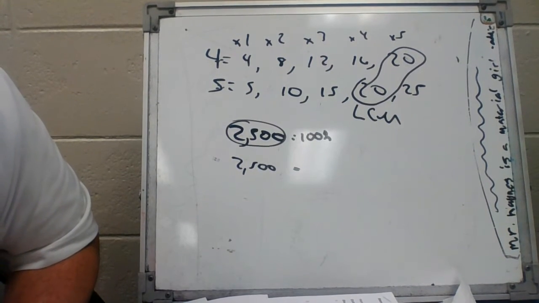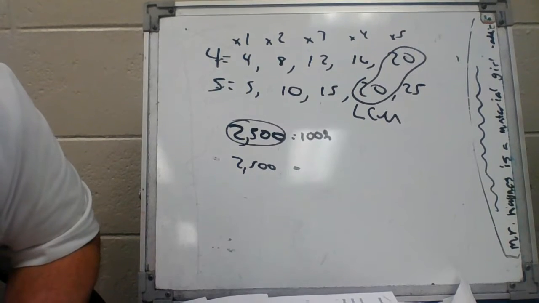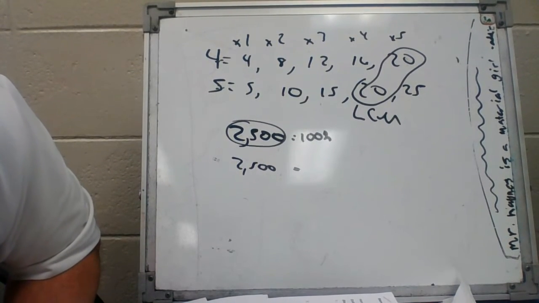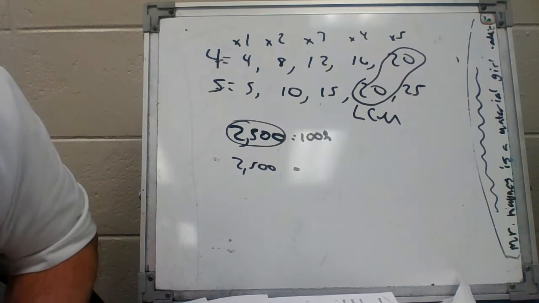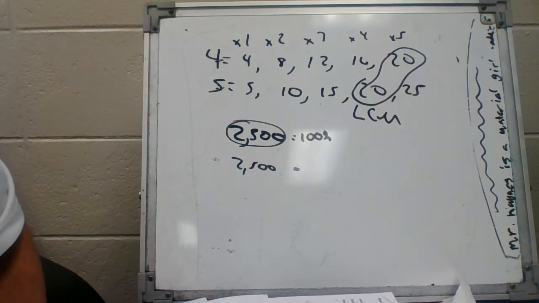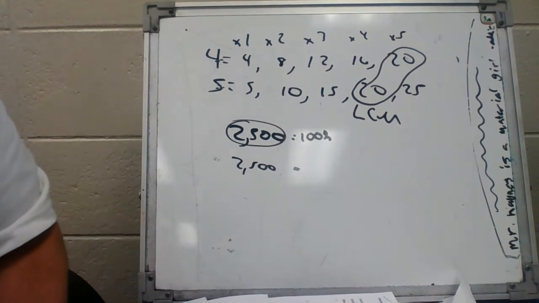Okay, you try. 20% of 2,500 would be 500.